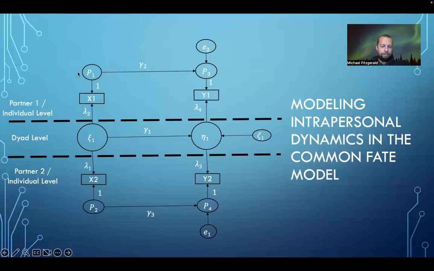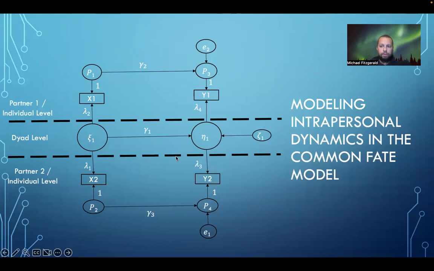And then we have these phantom variables that we will be implementing. And that's where we will be estimating gamma 2 and gamma 3. What gamma 2 and gamma 3 represent are regression coefficients, accounting for an association within a person independent of the dyadic level process that is occurring.